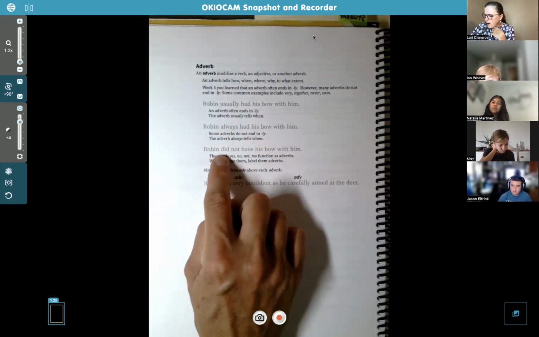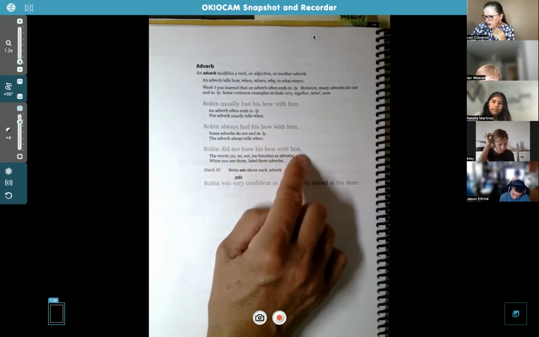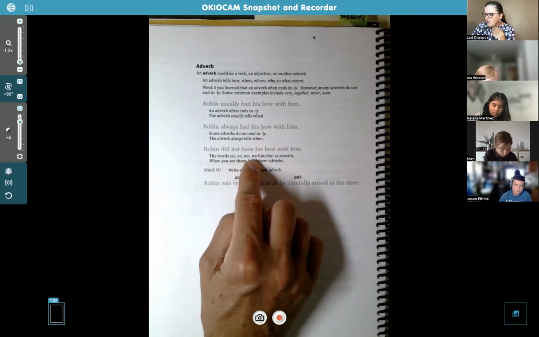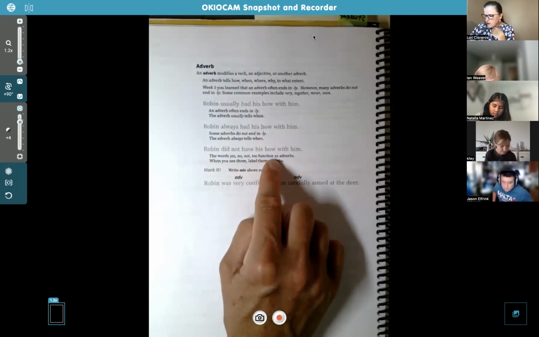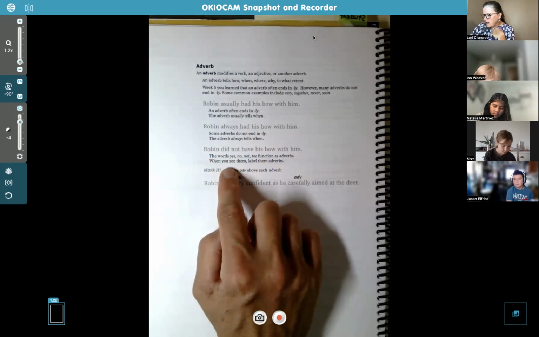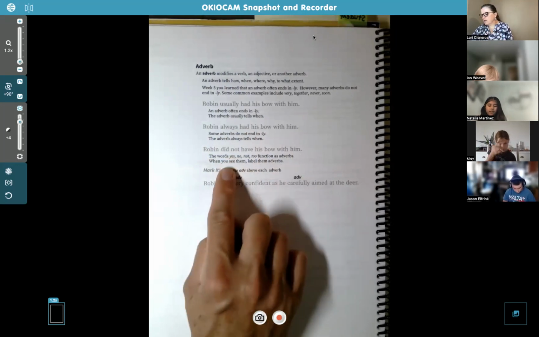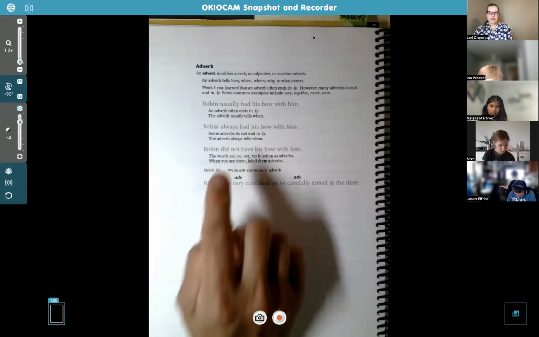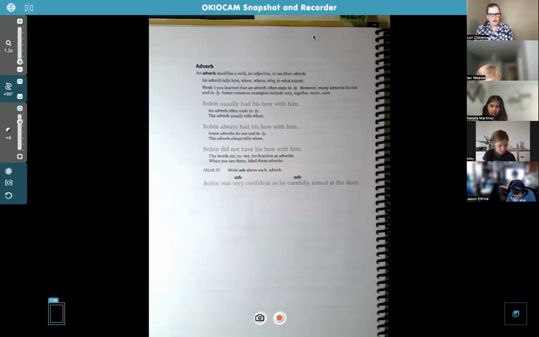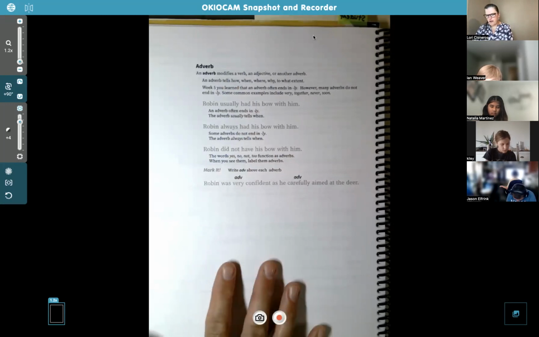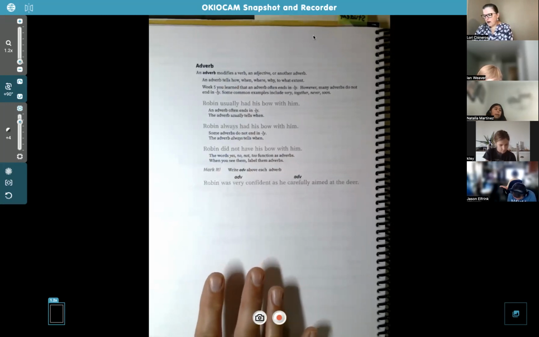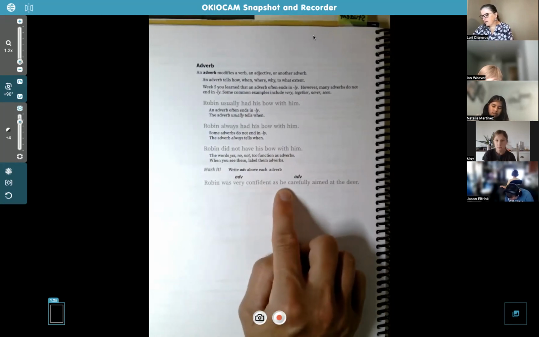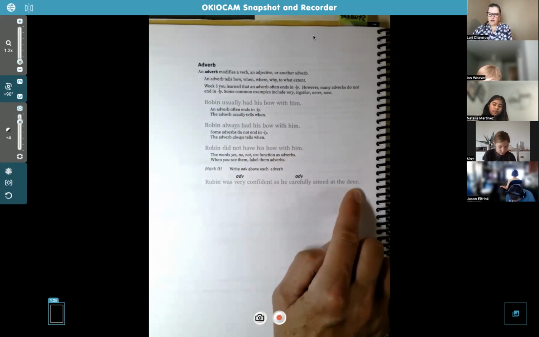In this example, Robin did not have his bow with him. The words yes, no, and not function as adverbs. When you see them, label them as adverbs. So this word not is an adverb. It's going to get a little tricky here because they're going to throw these words in your homework pages. But notice that those are adverbs. So here's an example. Robin was very confident as he carefully aimed at the deer.